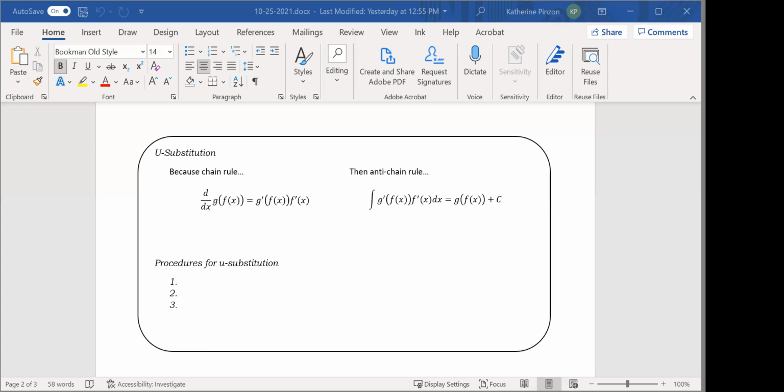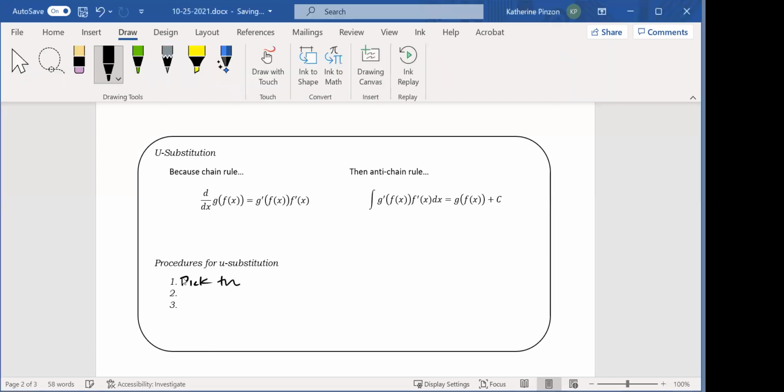So the procedures of U-Substitution. They sort of go: pick the u. That's the inside function. The u is going to be the inside function. And then find the derivative of u.